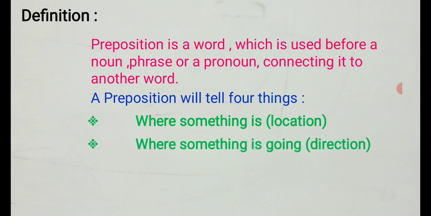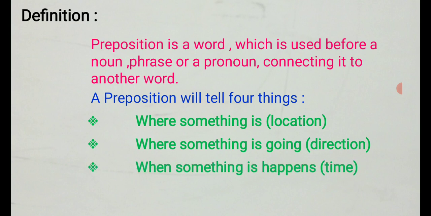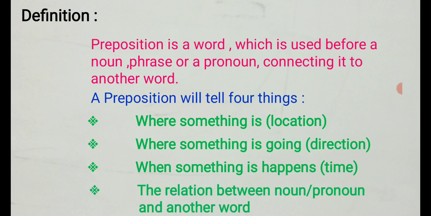Then where something is going, meaning it is going in some direction. It is called the preposition of direction. The third one is when something happens. It shows the time. It is called the preposition of time. And the fourth one is the relation between a noun or pronoun and another word. The relation between the noun, pronoun and another word shows us the common connection of the sentence.